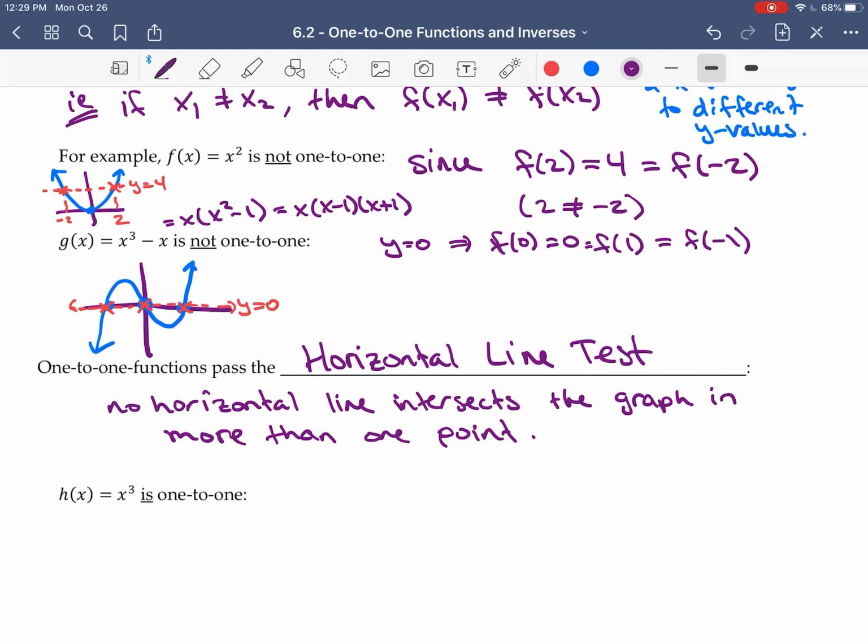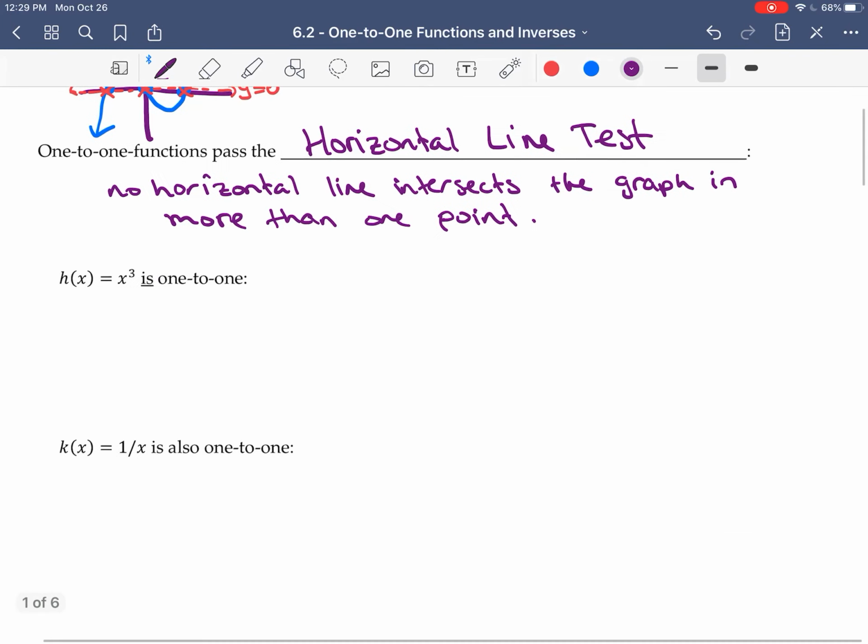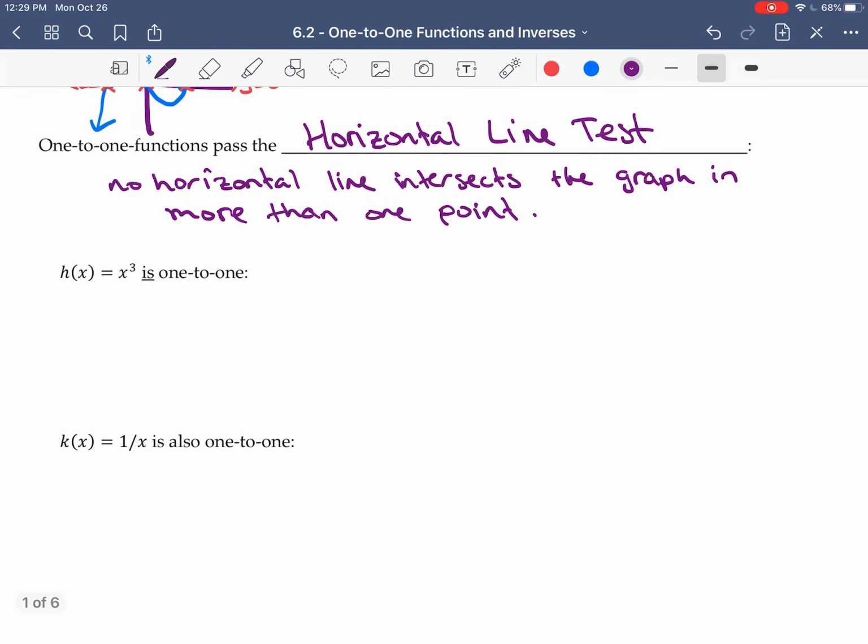So if you find a horizontal line that intersects more than once, then it's not one-to-one. Okay, so that's why those two above functions are not one-to-one, whereas these functions are both one-to-one.